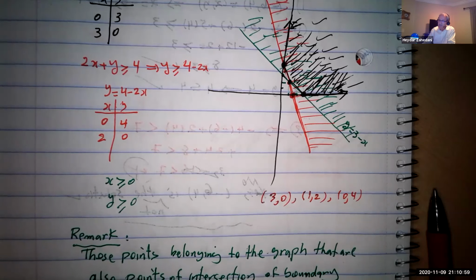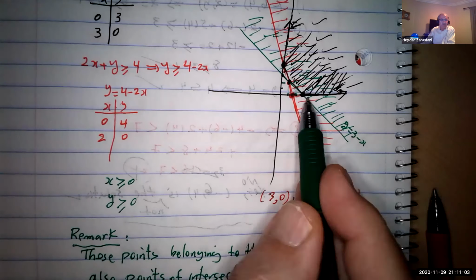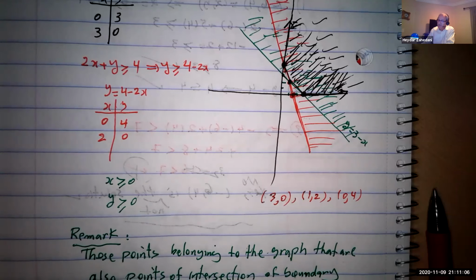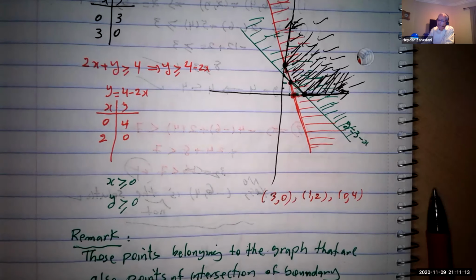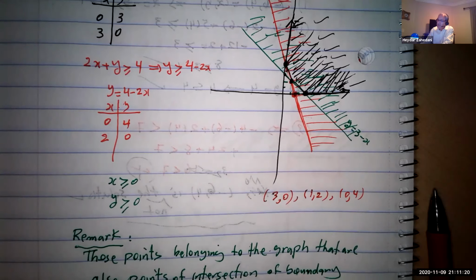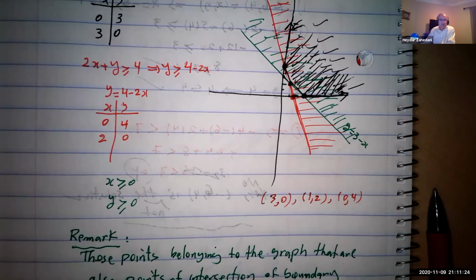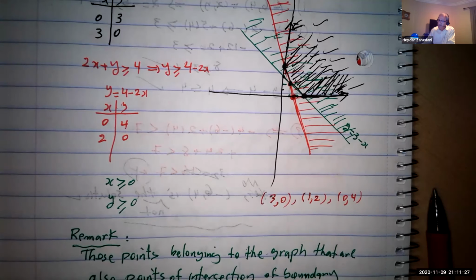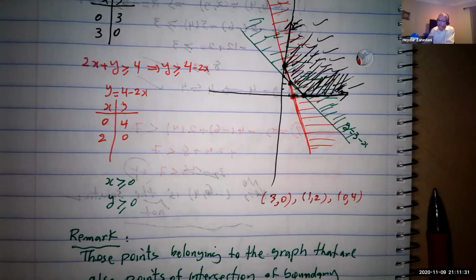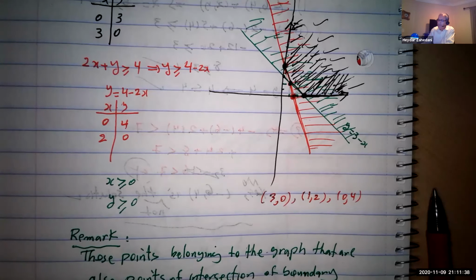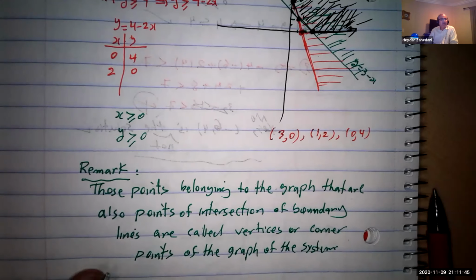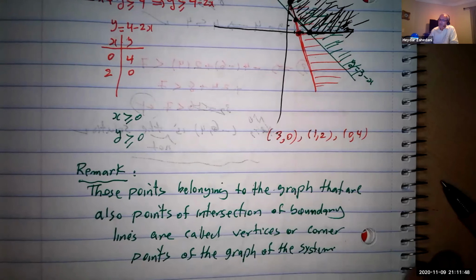Okay, boundary lines. The boundary lines of the regions are called, these points are going to be called vertices, or corner points, of the graph of the system. Those points of the intersection between those boundary lines.